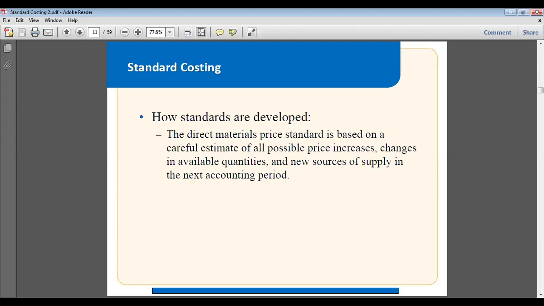Then there may be certain price jumps for the next cycle of operation, which is also taken into consideration, because for the next cycle of operations we have to sell. So we have to absorb those increased prices into the product, and introduce the increased prices into that standard cost. So these are also taken into consideration.